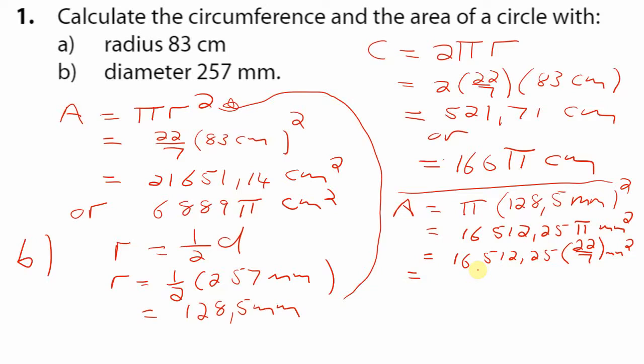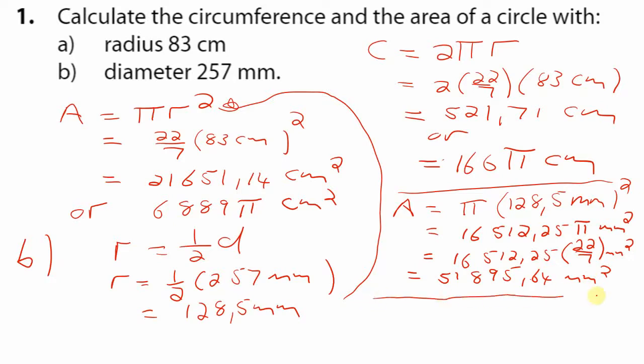So we have to multiply 16,512.25 times 22, divide by 7, and it will in fact give us an answer of 51,895.64 millimeters squared to 2 decimal places.